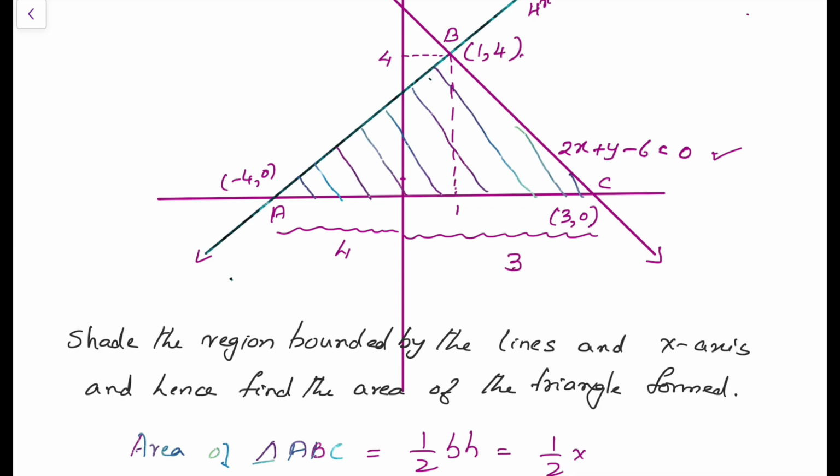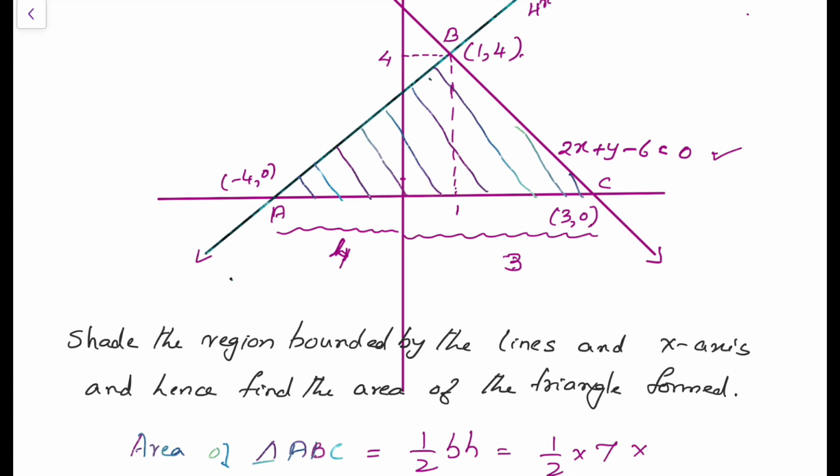See, I have not drawn the figure exactly, I have just drawn a rough figure, so that is why this looks smaller and this looks bigger. Excuse me for that. So now the length of AC will be 4 plus 3, 7.